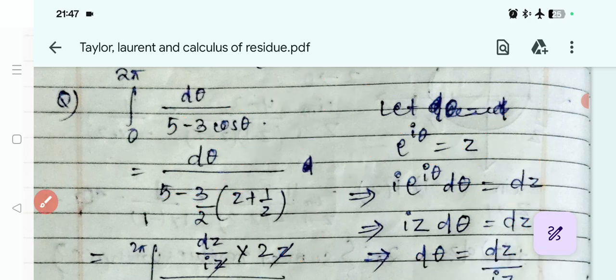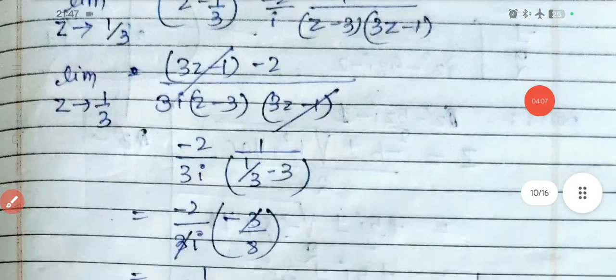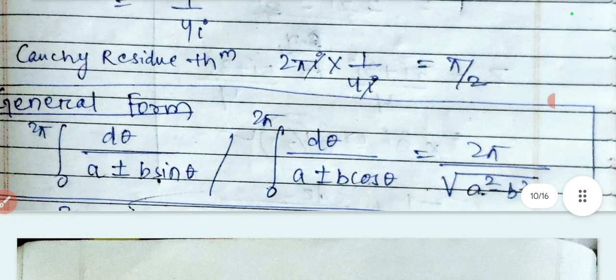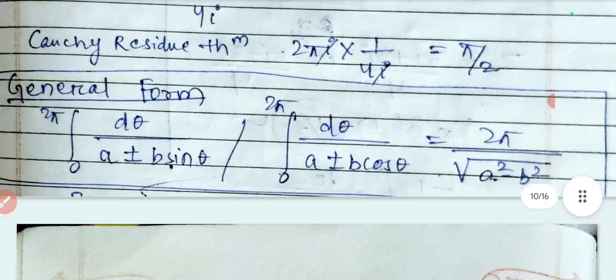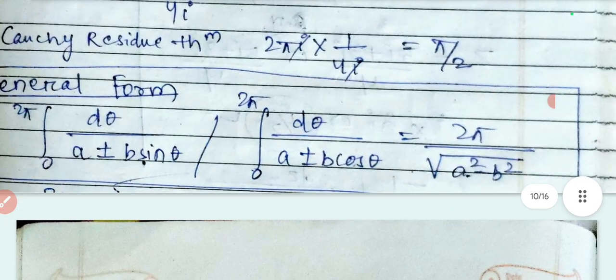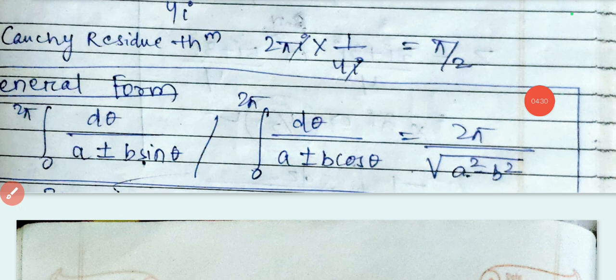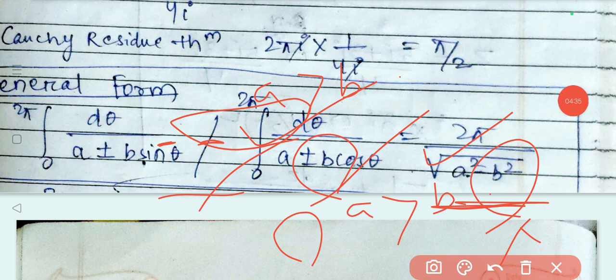For these types of equations, remember a formula: if the question is written as d theta divided by a plus minus b sin theta, or d theta divided by a plus minus b cos theta, like the previous question a minus b cos theta, and a is greater than b, then always the answer will be 2 pi by root over a square minus b square. Remember this answer.